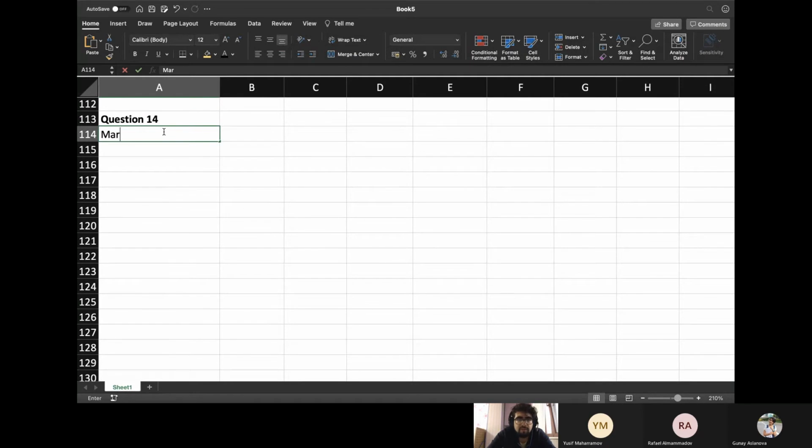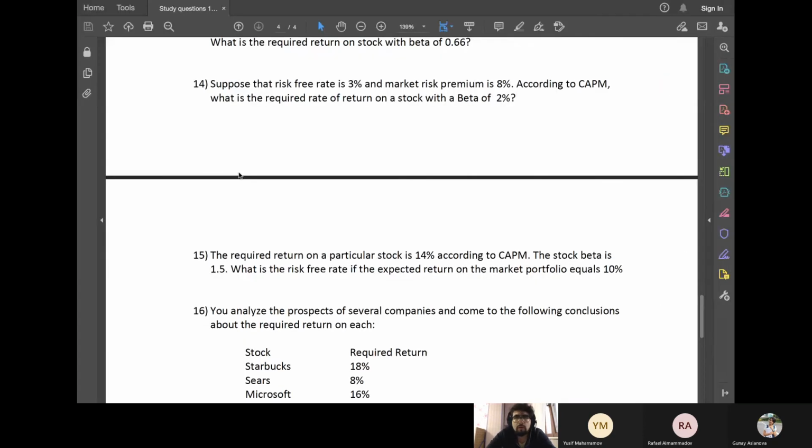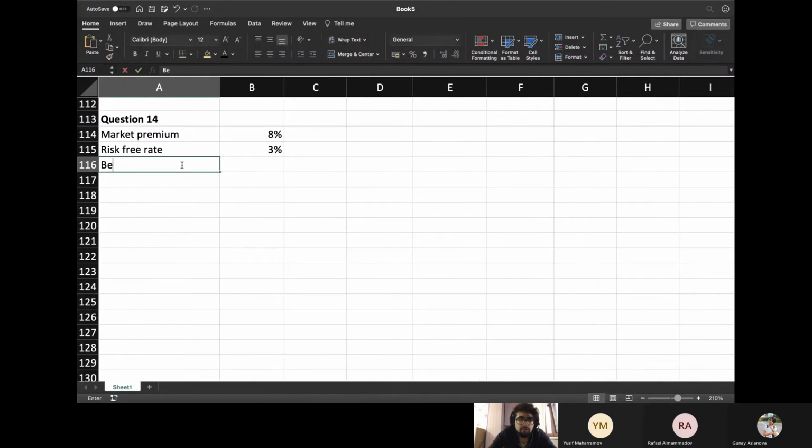So market premium 8%, risk-free rate 3%, beta 2.